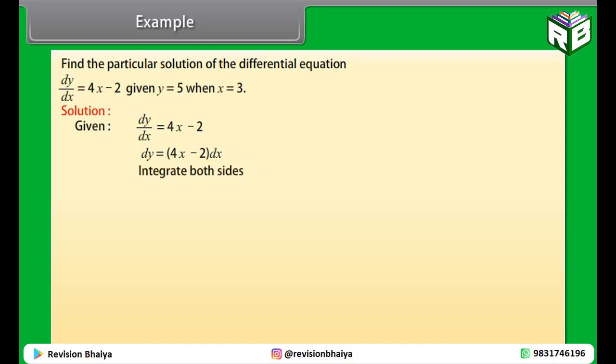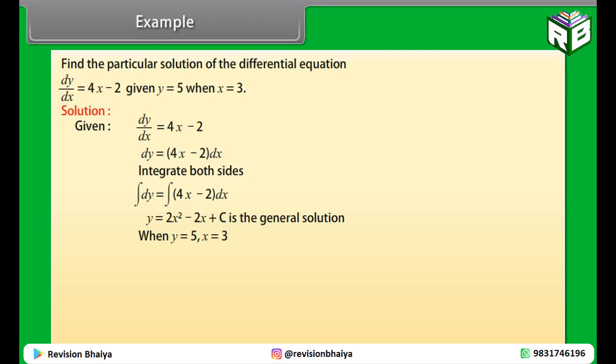Integrate both sides. Integral of 1 with respect to y equals integral of (4x minus 2) with respect to x. y equals 2x square minus 2x plus c is the general solution.